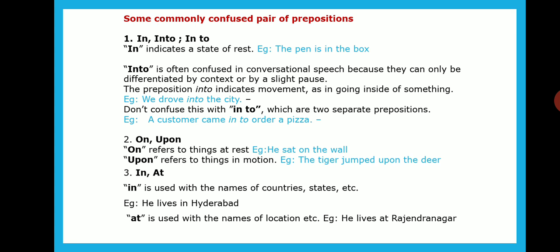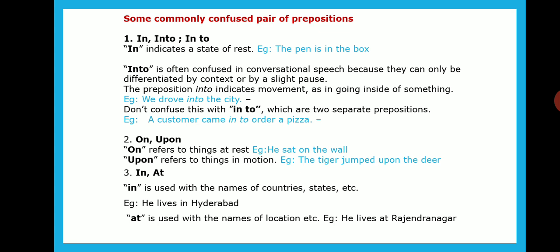Next is on and upon. Again, on means rest. The can is on the box. It is not moving. I threw a can upon the box. So it just flew over the box. Next, in and at. In means a period of time. At means precise time or a location.